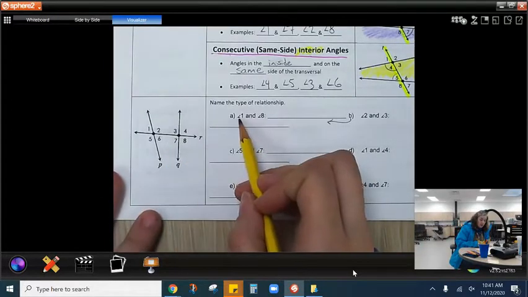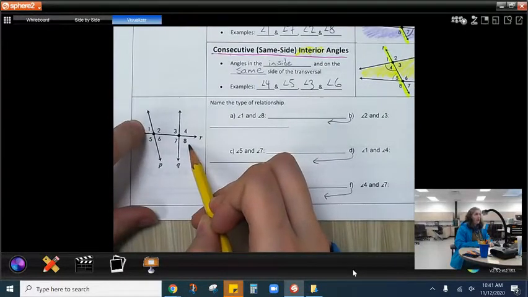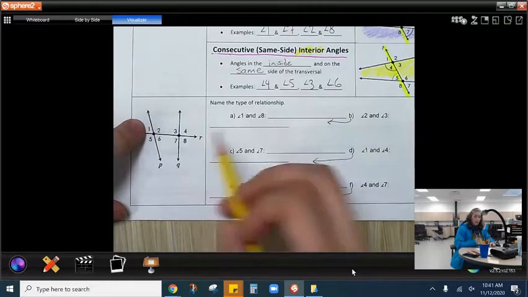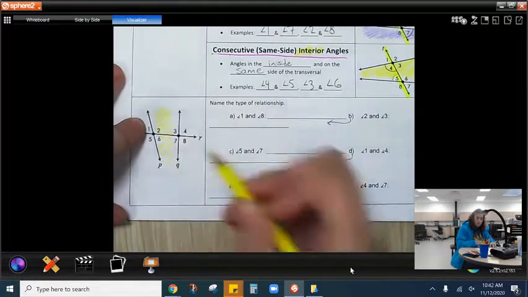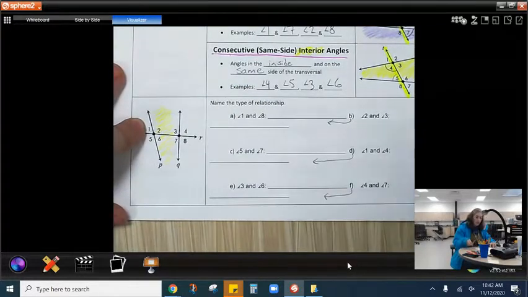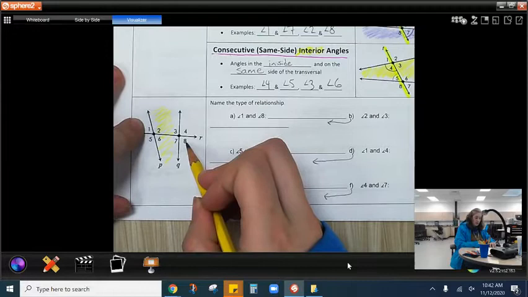So for this first one right here, angles 1 and 8. Angle 1 and 8. I like to put my fingers on them. It helps my brain. Angle 1 and angle 8. Well, we know that this is the interior, so they're not going to be on an interior side. Which means they're not alternate interior and they're not consecutive interior. So they're either going to be corresponding or alternate exterior, right?